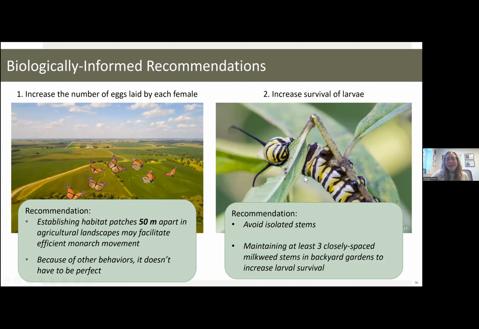And the second being, if you have control over it, maintaining at least 3 milkweed stems together in your backyard garden would increase larval survival, because it would ensure that the caterpillars, when they leave their first milkweed stem, find something else that would be good for them to eat on.